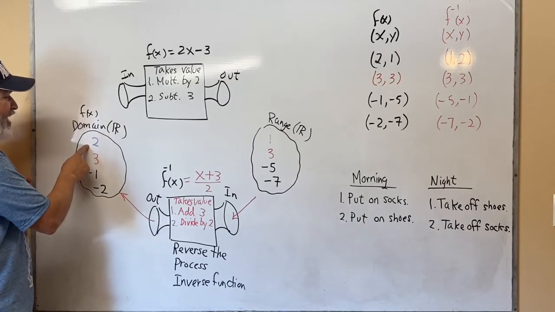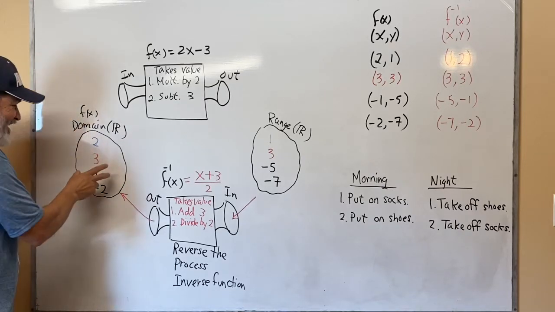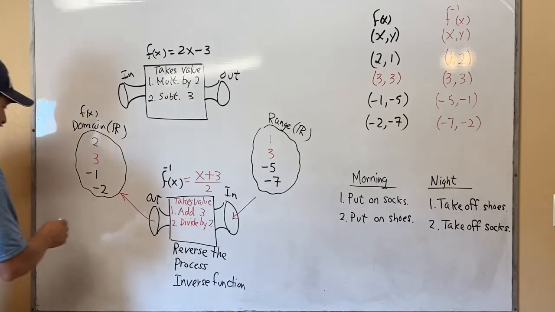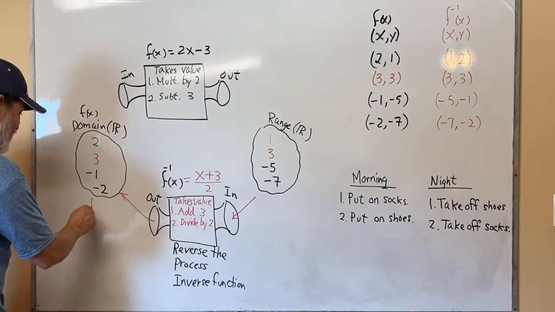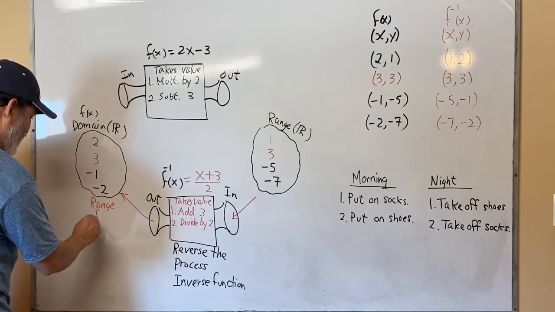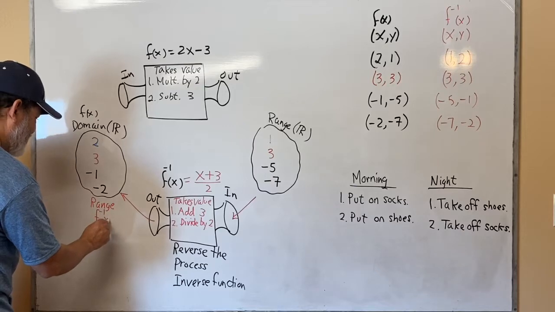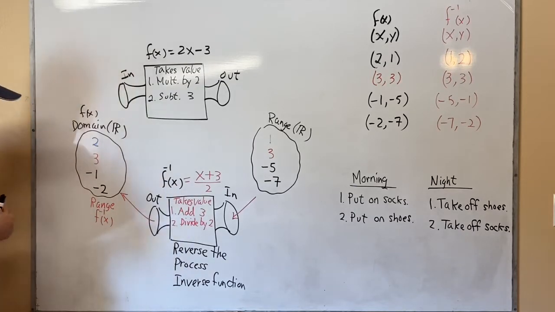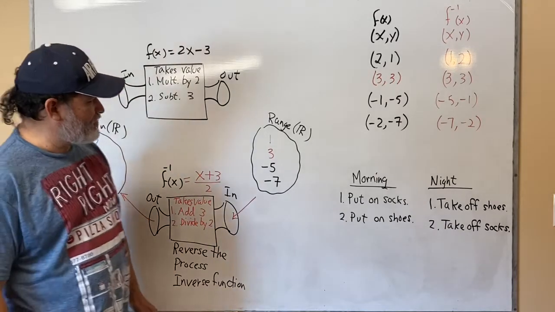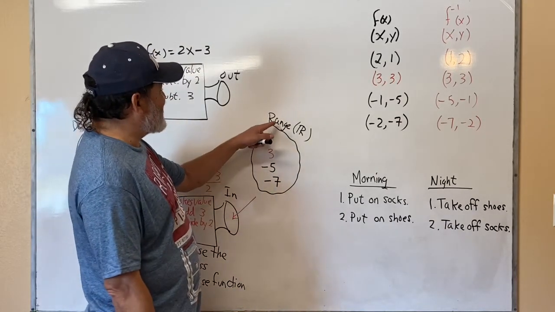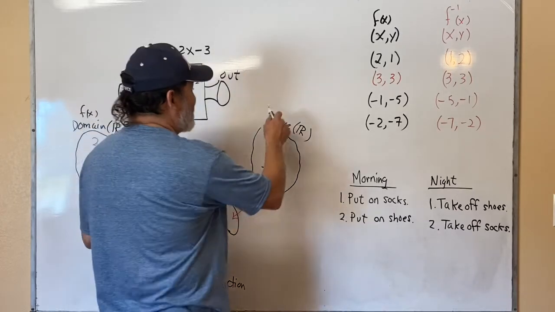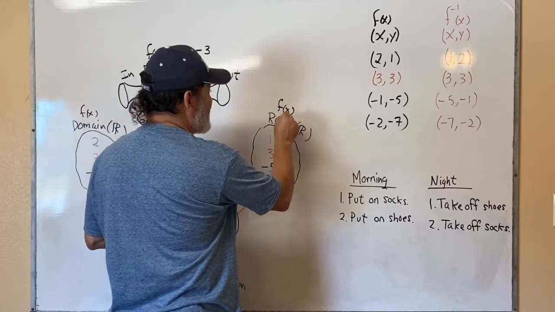Look, this is the range for f inverse of x. You see that? That's important to see. This is the range of the inverse. So this is f of x range.